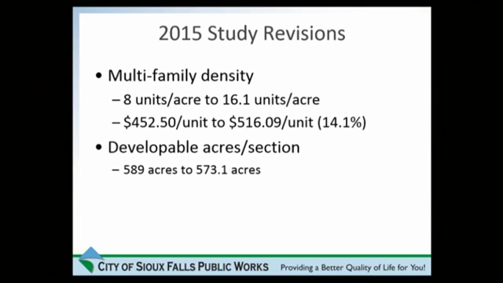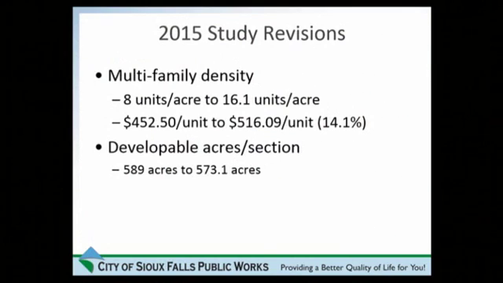Looking back at all the information and data, it probably should have been higher. But 8 is what we used at that point, and we have a number today of 16.1. One way to look at this is on a per unit basis, and the new costs are approximately 14.1% per unit. We'll talk more about that in a little bit.